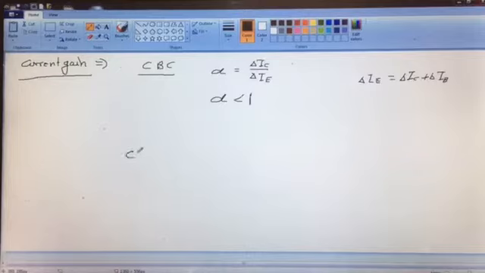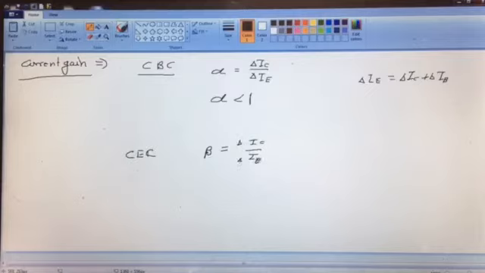And in common emitter configuration, current gain was defined as beta, that was IC upon IB, or for beta AC, change in collector current upon change in base current.